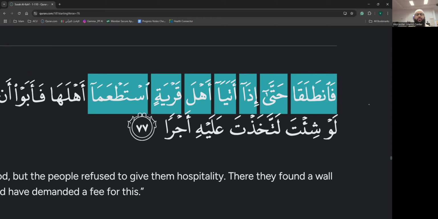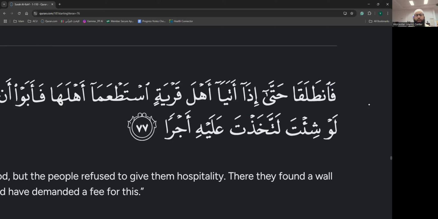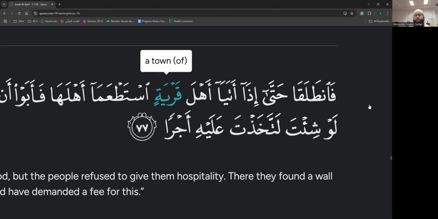The next word is istata'ama. Okay. So that first letter, in this case, the scene has a sukoon on it. This qarya has a noon that has a sukoon on it at the end. Qaryatin, not qaryatinu or na or ni. Qaryatin. So the noon has a sukoon on it, right? How do you do iltiqa sakin in here?